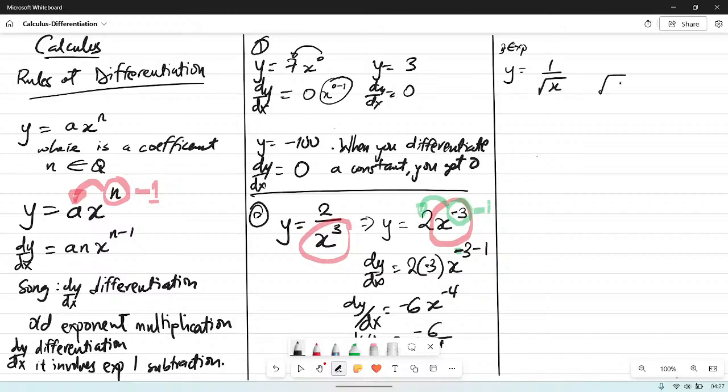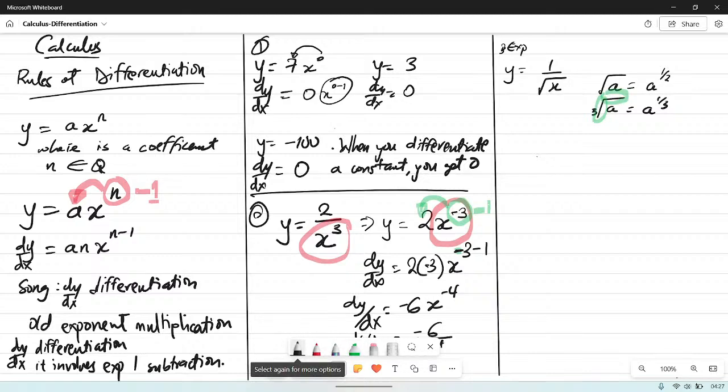Whenever you have root of a, it's the same as a raised to the power what? Half. If you have the cube root of a, it becomes a raised to the power 1 over 3. Take it as if this thing is 1, and this one is the over, right?